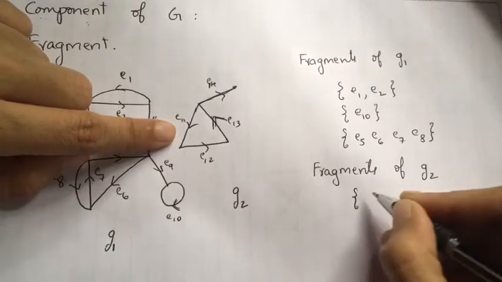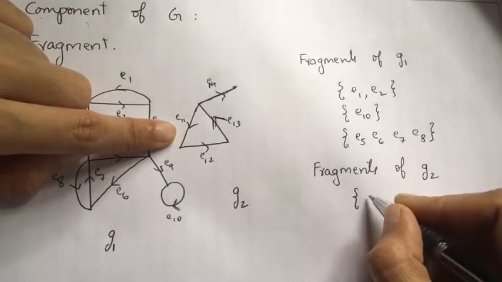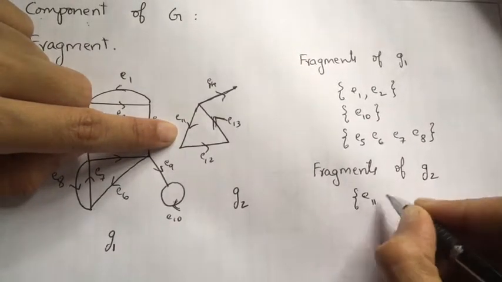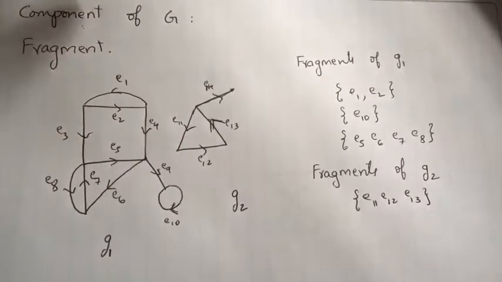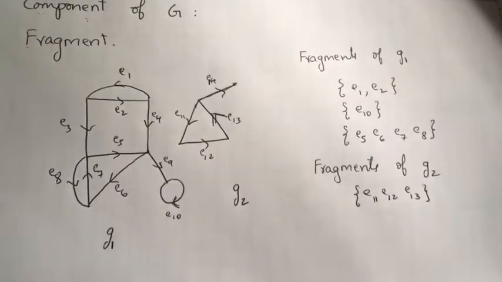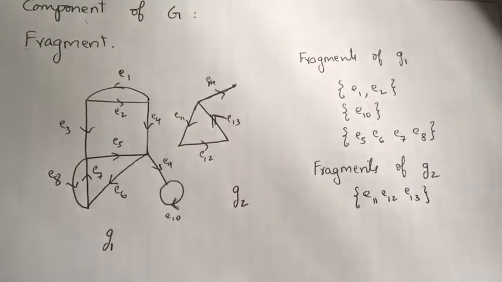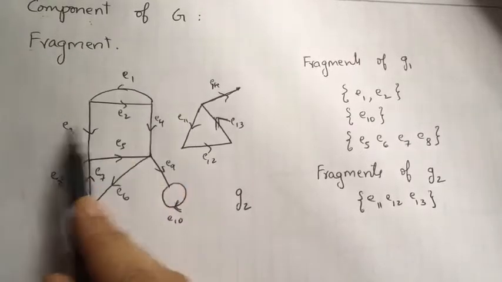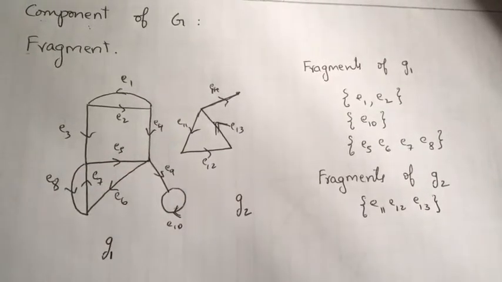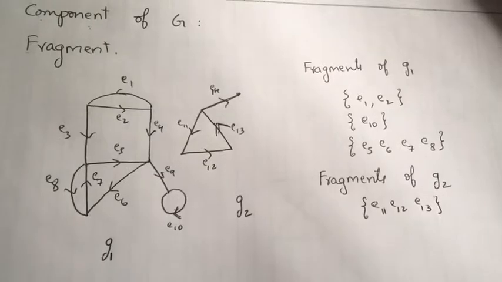Therefore, there is only one fragment in G2, that is E11, E12, E13. You can observe one thing: E3, E4 and E9 are the edges which are not appearing in any fragments of G1.